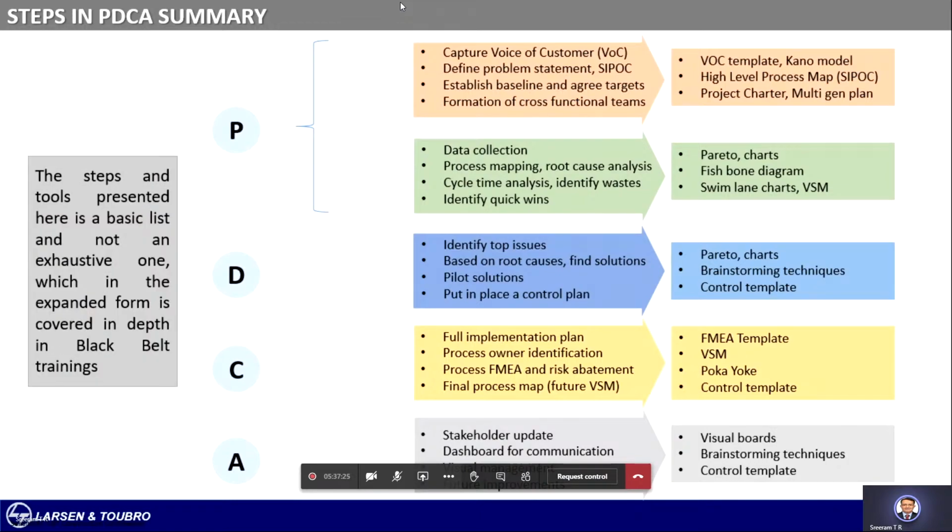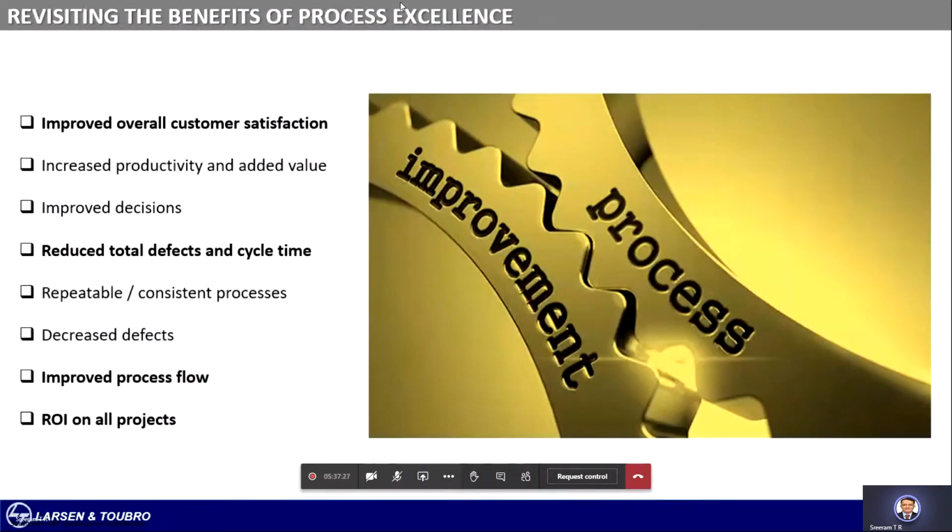We go into the final last few slides, which are on revisiting the benefits of process excellence. In general, across process excellence projects or process improvements, the industry sees improved overall customer satisfaction, increased productivity, and reduction of total defects and cycle time, making the processes more predictable and repeatable. That is very important.